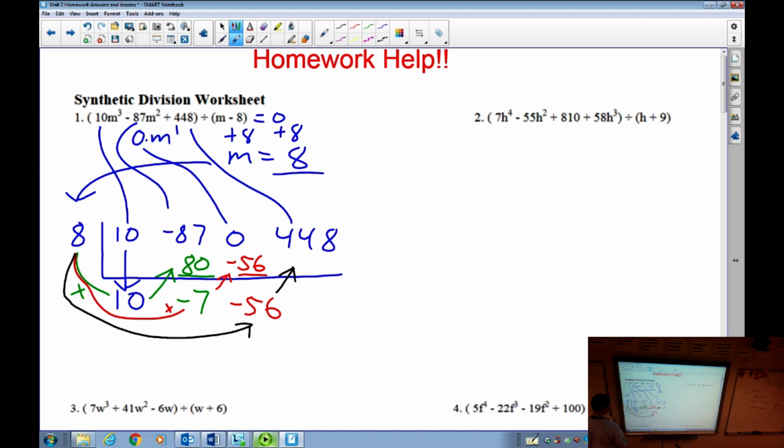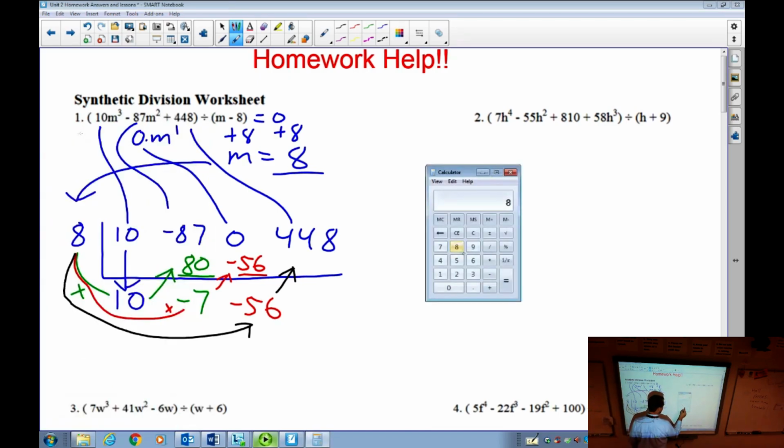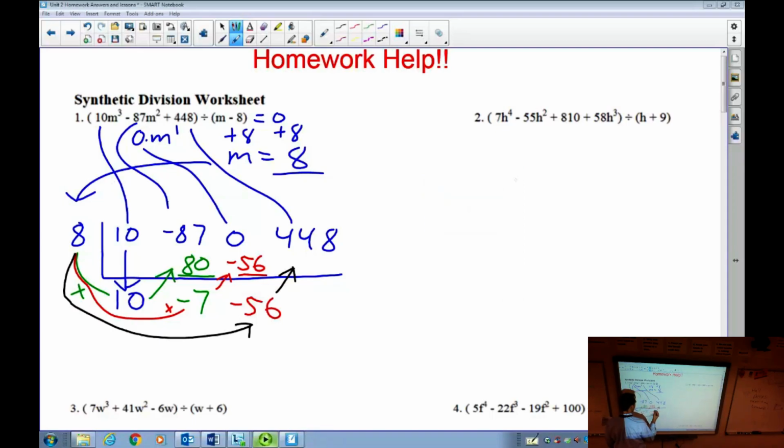So 8 times 56 and then make it negative, is 448. Bingo! So 8 times negative 56 is a negative 448. And so combine those together, you get 0. And so in our case there, remainder of just 0.